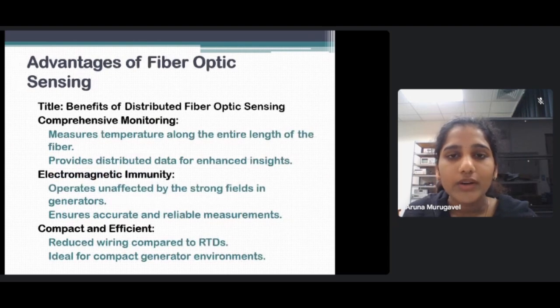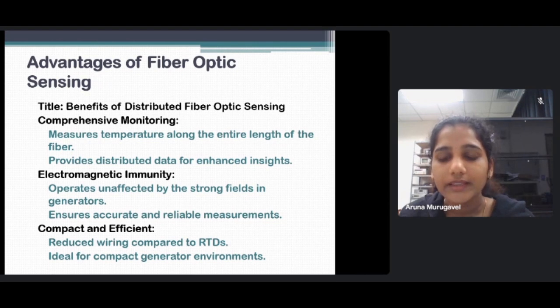And the advantages of fiber optic sensors. Here, fiber optic sensors are a game changer in this scenario. They allow distributed temperature profiling across the entire generator, unlike the point-specific data provided by RTDs. Additionally, they are immune to electromagnetic interference and reduce wiring complexity, making them highly efficient.